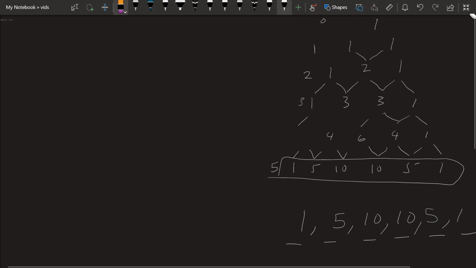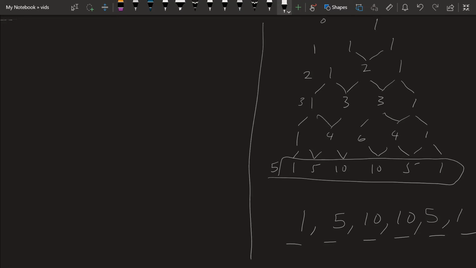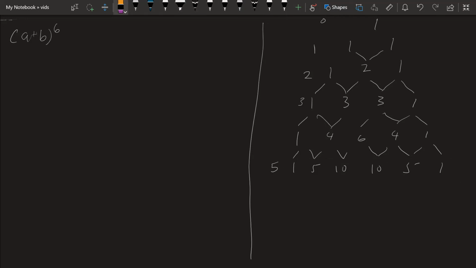Let's keep this Pascal's triangle here, like this, right? And let's erase all of these. And let's say you had (a + b) to the power of 6, right? So let's continue with this. All of these are powers. You don't need to worry about them.